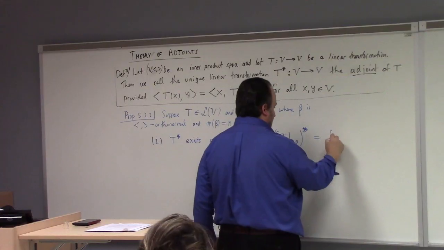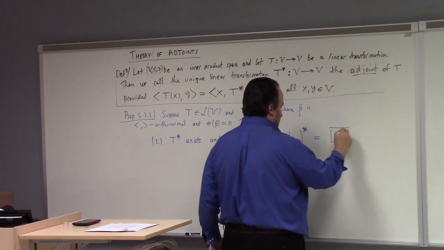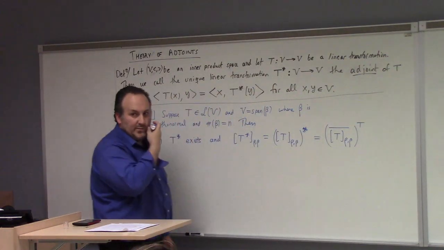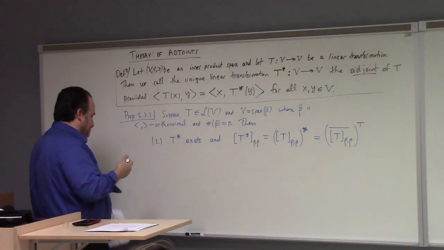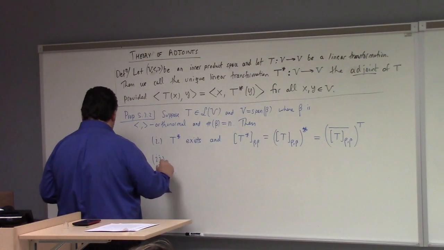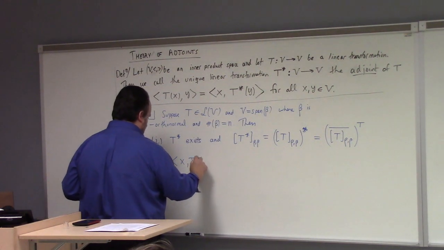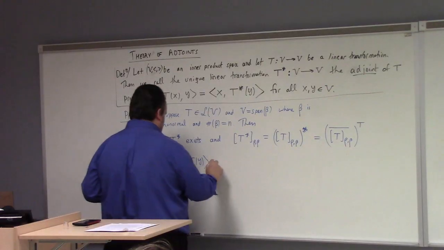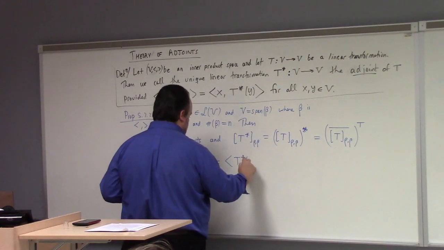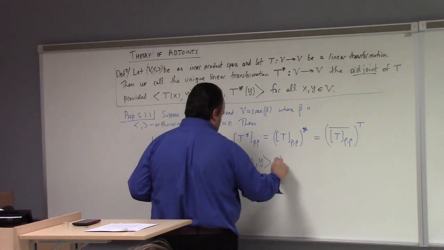That means the conjugate transpose of the matrix of T, the Hermitian adjoint, as we called it. And number two, the inner product of x with T of y is equal to the inner product of T star of x with y, for all x and y.